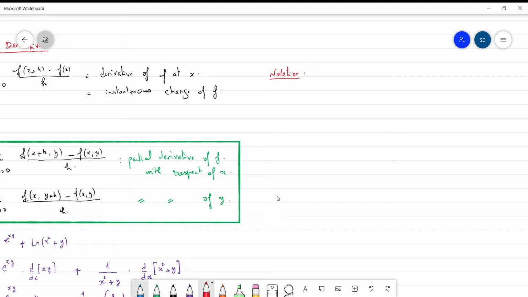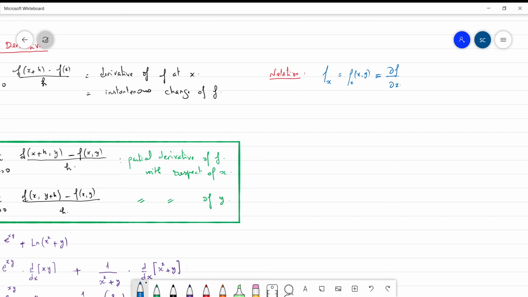We can write fx, and we can also write fx at (x, y), specifying the point. We can write this like that, df/dx. Those are the most common notations you can have.